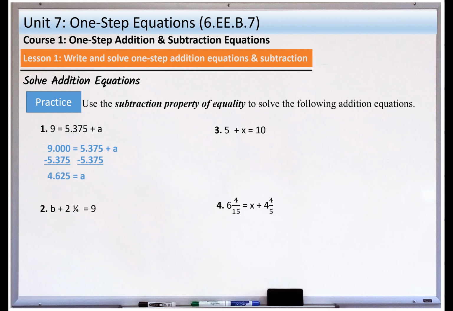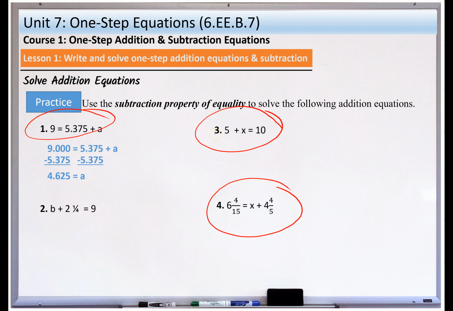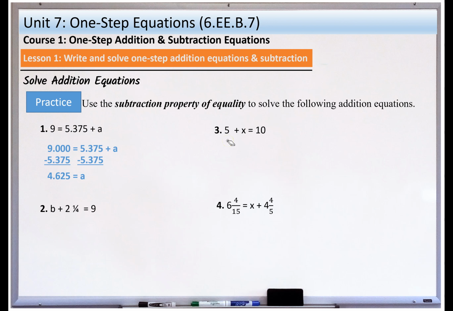And that would leave me 625 thousandths. Now notice, we're using everything you know, or should know: subtracting decimals, subtracting fractions, whole numbers. All these things come together when we start working with equations and expressions.